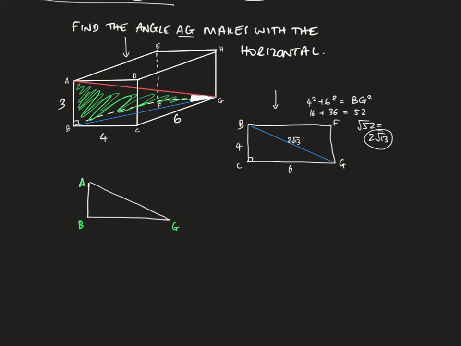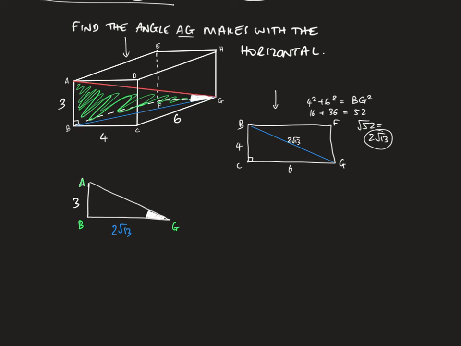Now what we've got is we know the length of BG is 2 root 13, and we also know that the length AB is 3 here. And we're trying to find this angle, the angle that AG makes with the horizontal.